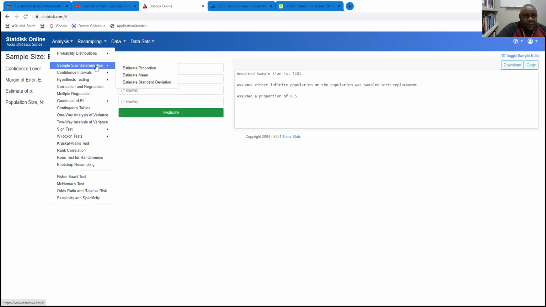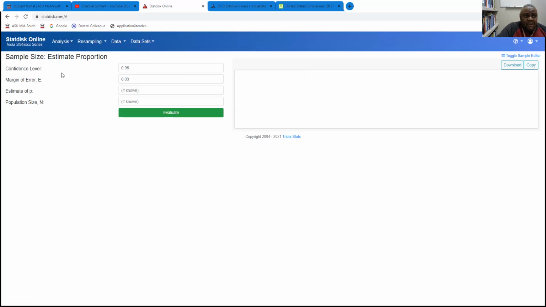We're dealing with a sample proportion, by the way, so we need to select estimate proportion and then go to confidence level. In this case, we're dealing with 90%, so we need to change that to 0.90.